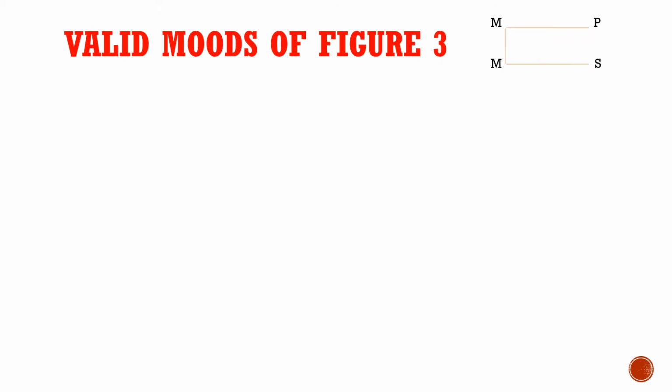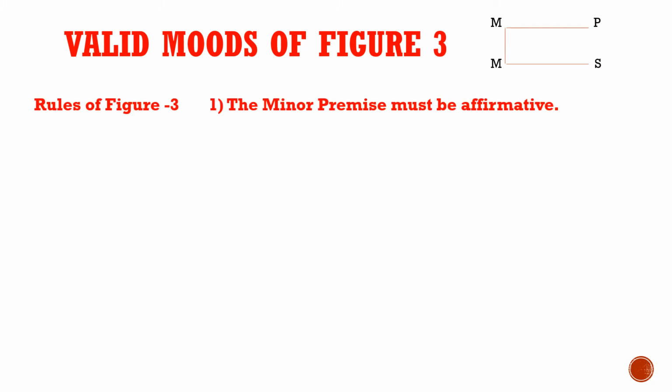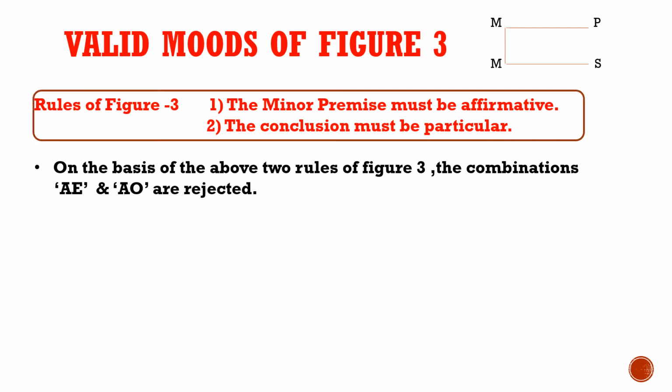Now we come to the valid moods of figure 3. Let us see the combinations which we get. The rules of figure 3 are that the minor premise must be affirmative, and secondly, the conclusion must be particular. From this, what can you say?